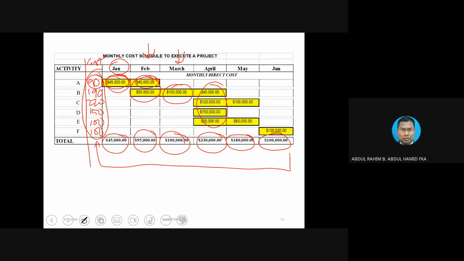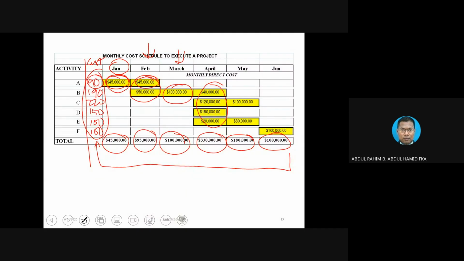But of course, construction practice is that you need to perform the work first, then you submit the claim. Let's say for the first month, after you complete the first month, then you submit the claim. Then the client, with the help of the consultant, will process and confirm those things.